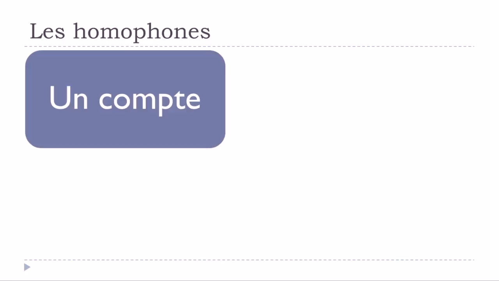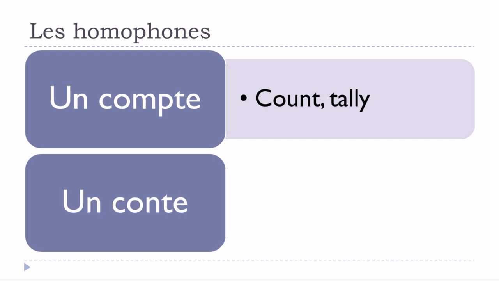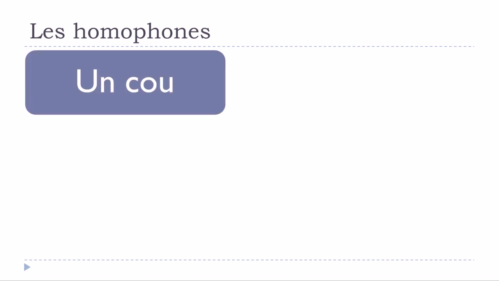And the first one is un compte. Un compte. And here you will have the translation. Un compte. So exactly the same pronunciation, but then of course the meaning is different. Un coup.